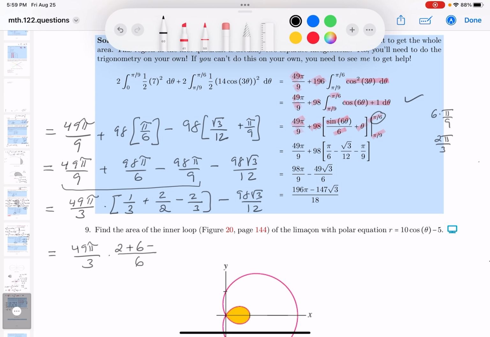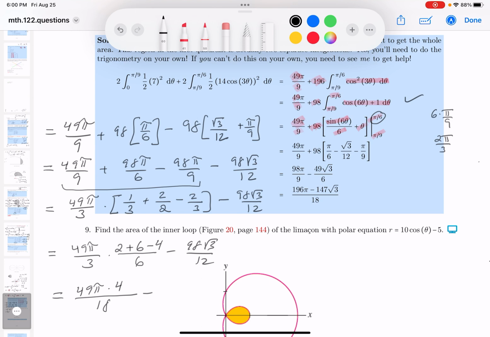Minus, well, 2 times 3 is 6, so 2 times 2 is 4. So let's keep moving. And what do you get there? 49 pi over 3 times 6 is 18. And 2 plus 6 is 8. And 8 minus 4 is 4.